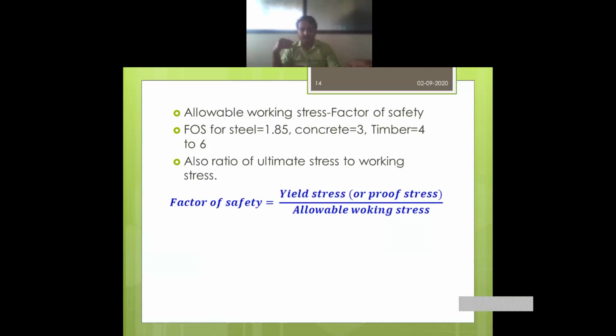When I take the dumbbell, I cannot carry it all around, then it is beyond the factor of safety of my body. But I can carry, just say, a 500 grams dumbbell. For some bodybuilders, 50 kg might be a very light one. So it depends on the person to person, or material to material.